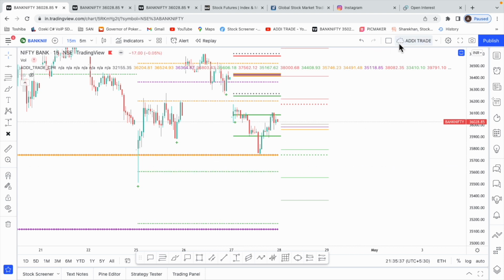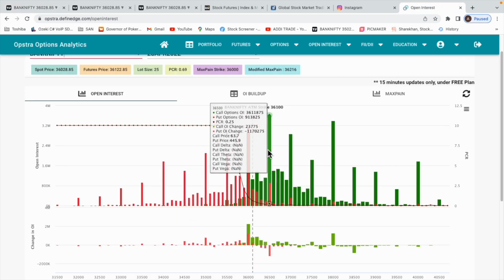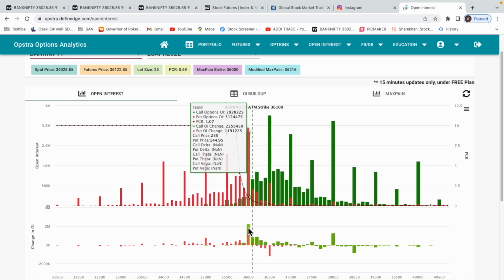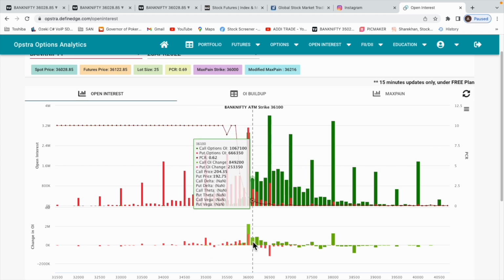And just looking at the open interest for Bank Nifty, see, though there is some existing 36,000 put already there, the change in OI has a huge amount of 36,000 calls being added, showing that there is good resistance at 36,000. At 36,000 and above, there's a huge change in the OI on the call side.